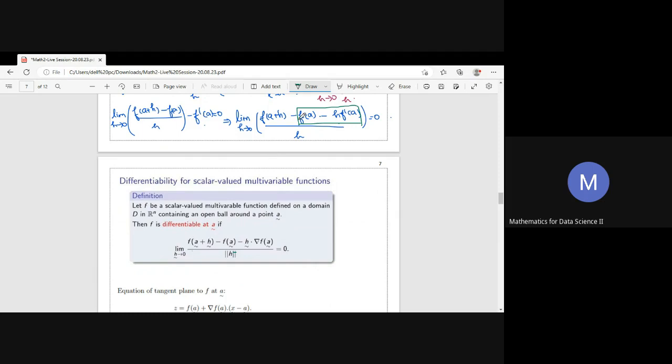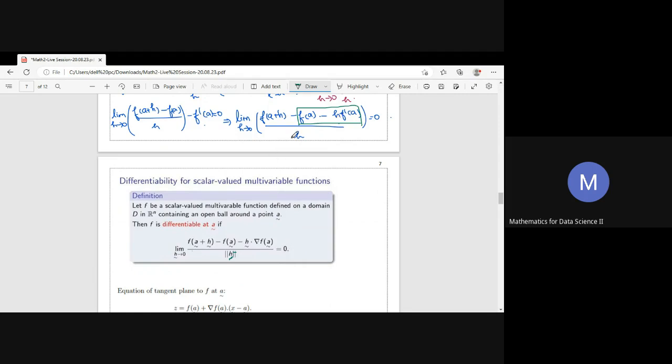Dividing a number by a vector does not make sense, so here we divide by the norm of the vector h tilde, and this should be 0. So f is differentiable at a tilde if this limit is equal to 0.